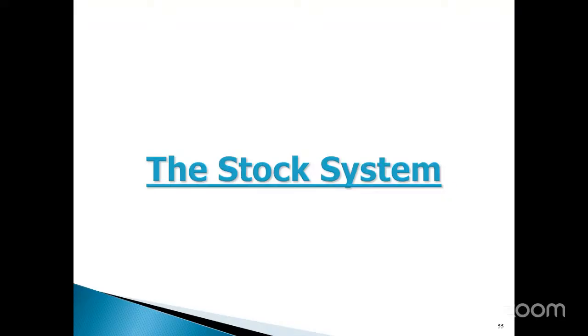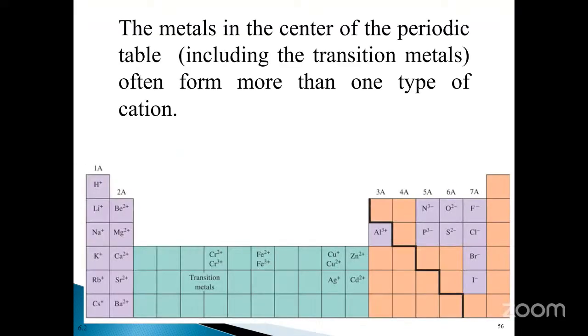There's one system that is known as the stock system. To illustrate that, we're going to talk about, for example, the ions formed from chromium, or from iron, or from copper, right? As you can see here, in the case of chromium, there are two types of chromium ions.